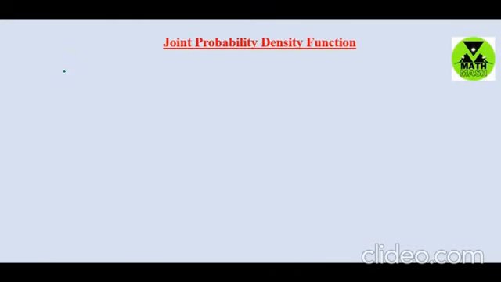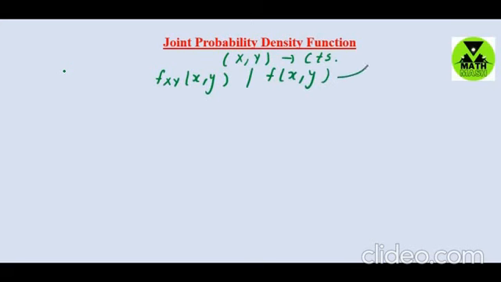Now coming to the joint probability density function. The joint probability density function is used when both the random variables x and y are continuous. So if the variables are continuous, the function given by f_XY of x comma y, or simply f of x comma y, is nothing but the joint probability density function.